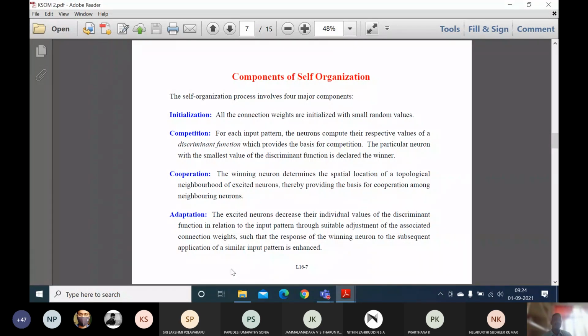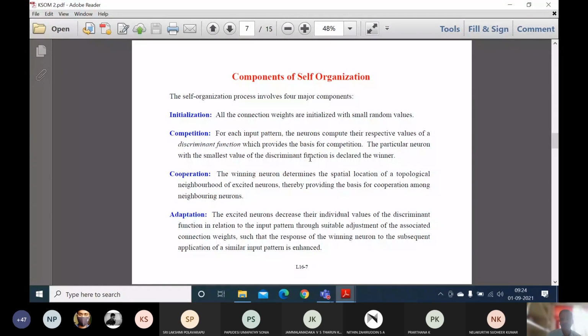Then in the competition, for each input pattern, the neurons compute their respective values of a discriminant function, which provides the basis for competition. So I supply something from a continuous high-dimensional space and map it to a discrete low-dimensional space, which may be a one-dimensional lattice or a two-dimensional lattice.